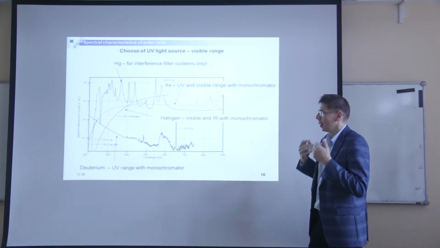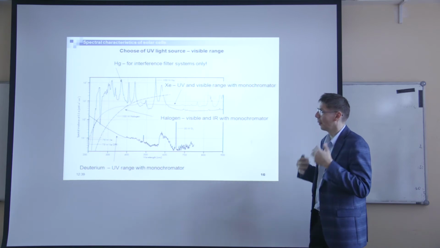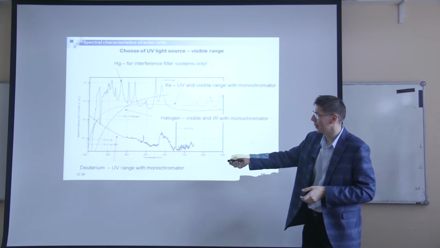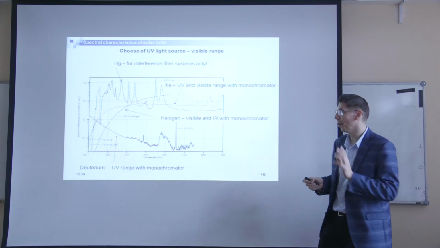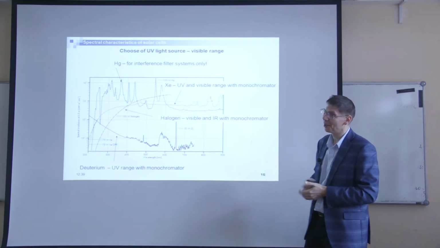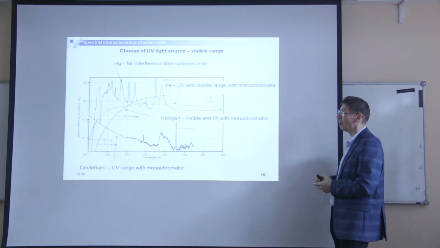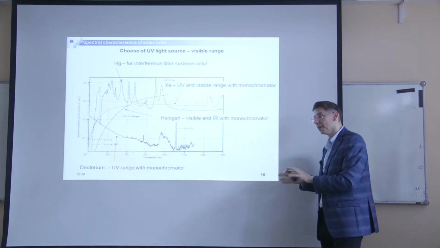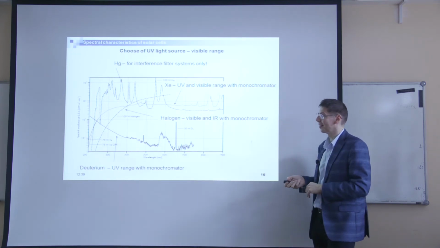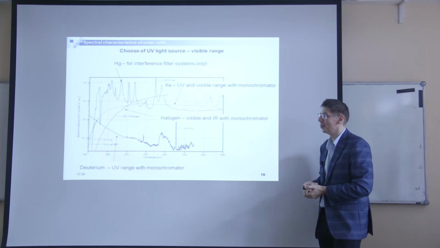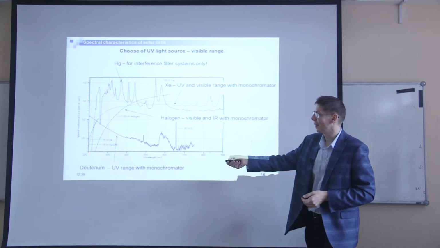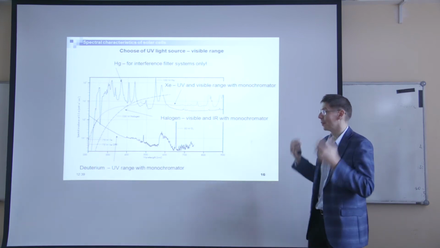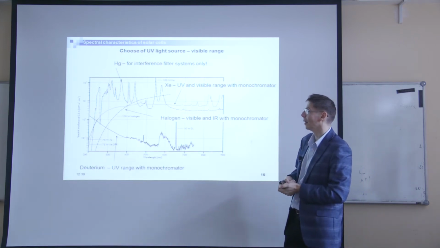But for most cases of photovoltaic application, you should not care about the region below 300 nanometers. Maybe if you are thinking about space application, but even for AM0, this ozone region is not so important. Well, it depends on your task, but normally.